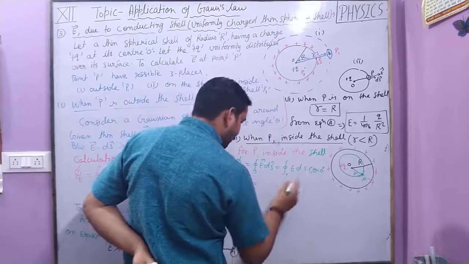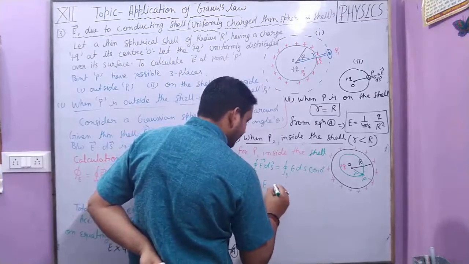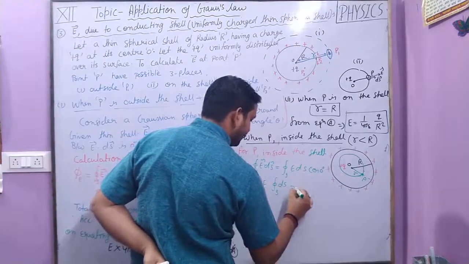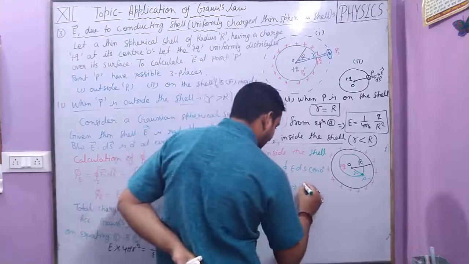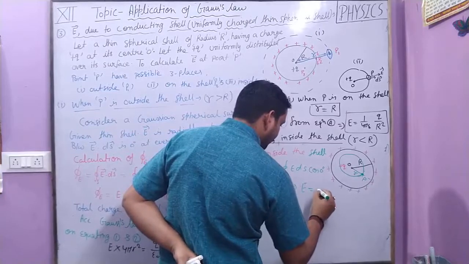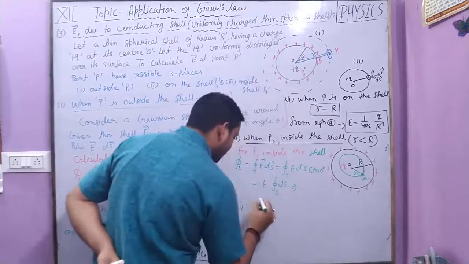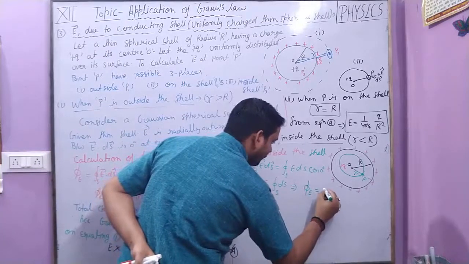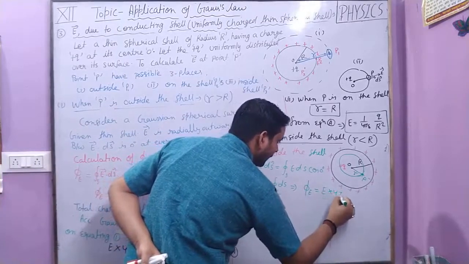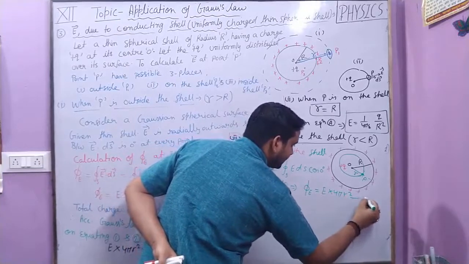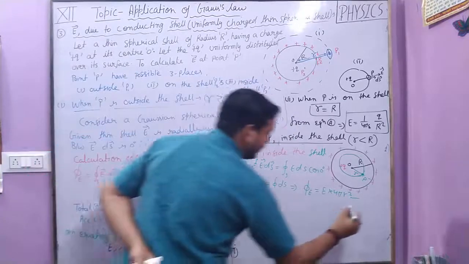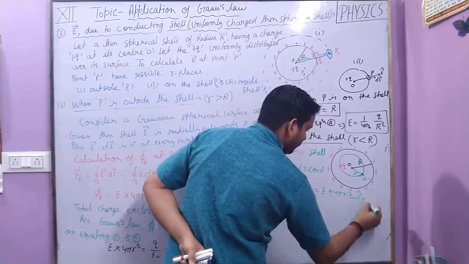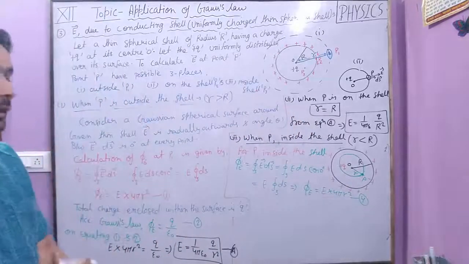We calculate E times the closed integral of surface ds, so phi E is equal to E into 4 pi R square. This is equation 4.